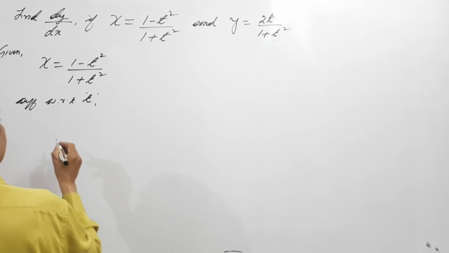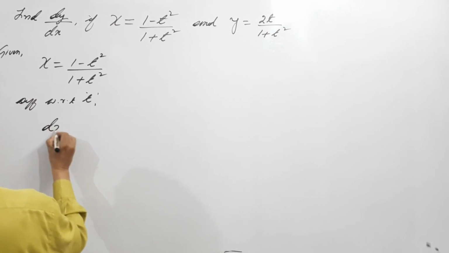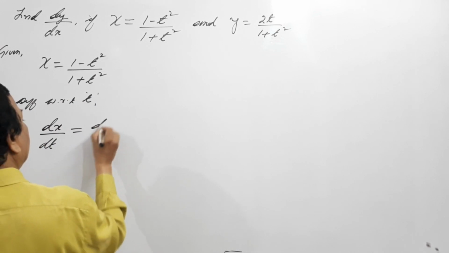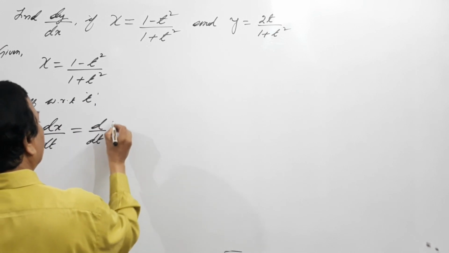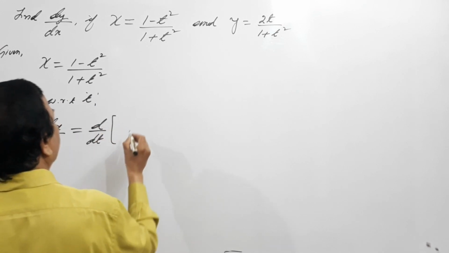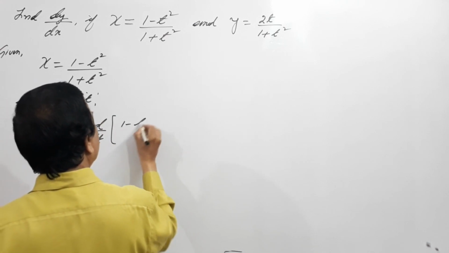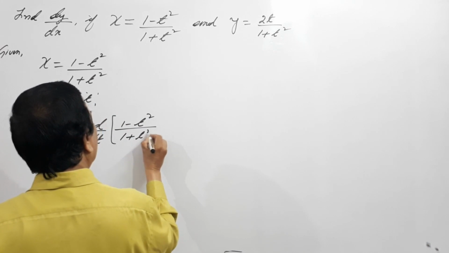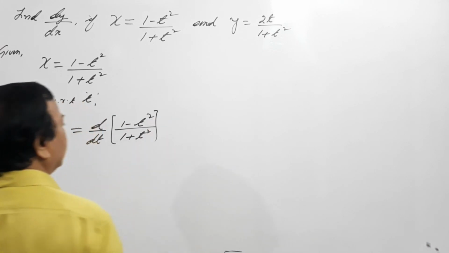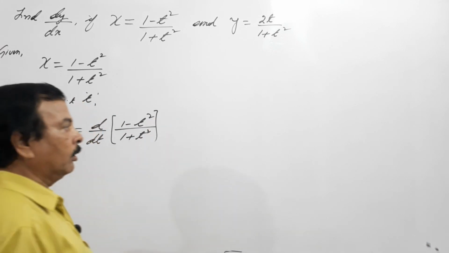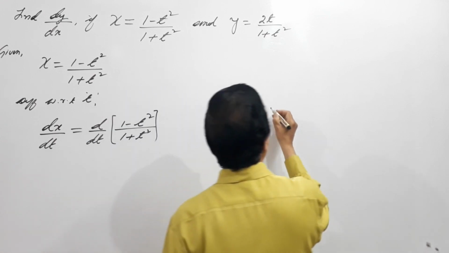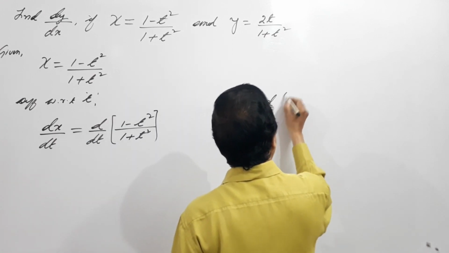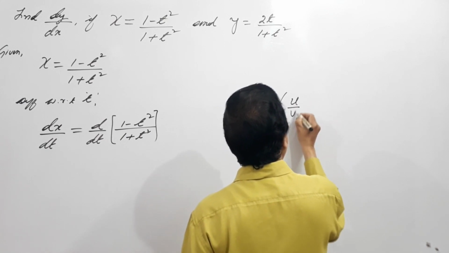So what happens here? dx by dt equals d by dt of 1 minus t square by 1 plus t square. You all know what the quotient rule is, that is d by dx of u by v.